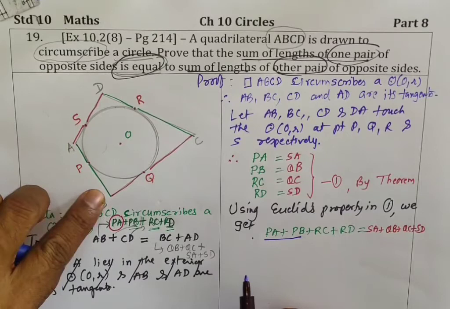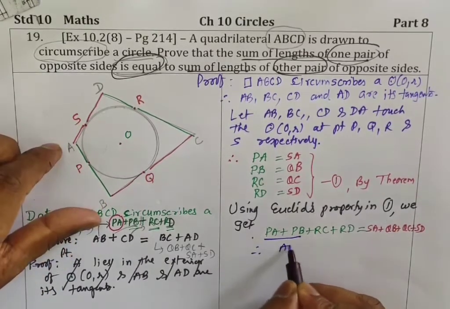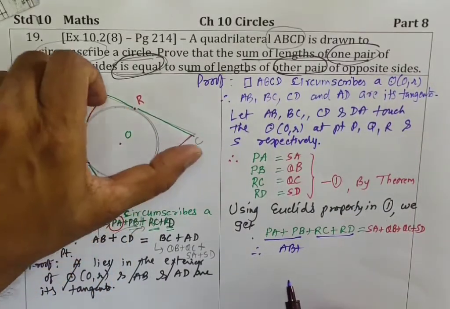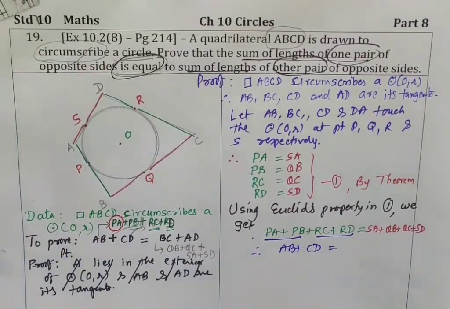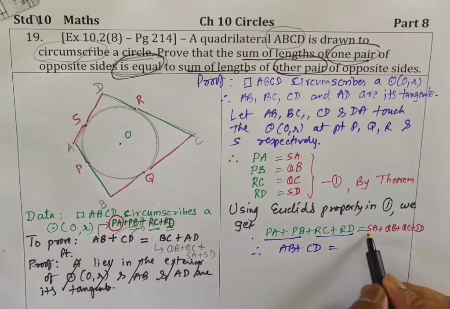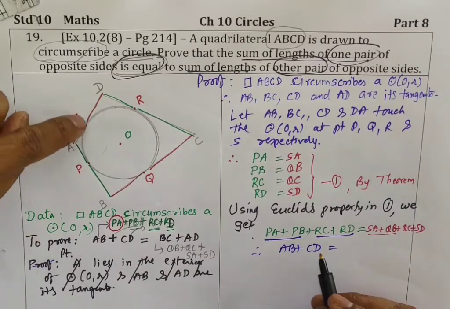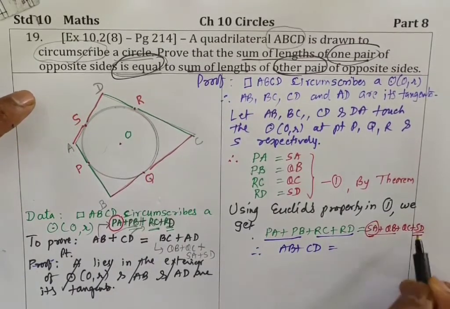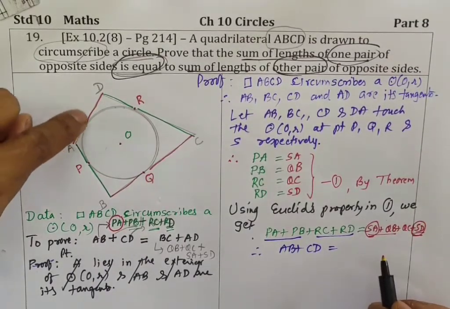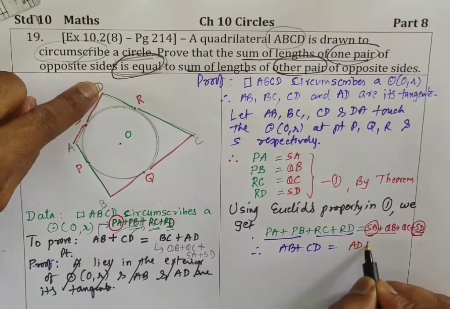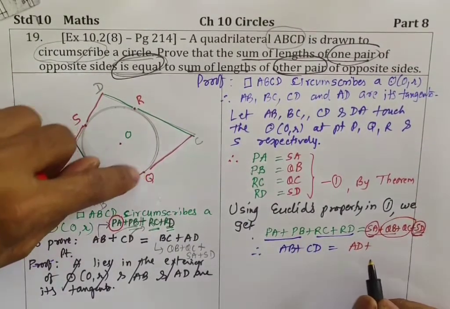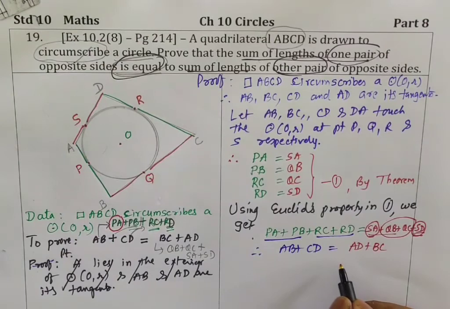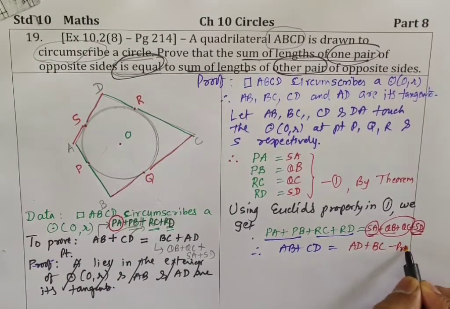That is AB. What is RC plus RD? That is CD. SA plus SD, that is AD. And the remaining QB plus QC, that is BC. All right? Correct? You can say proved.